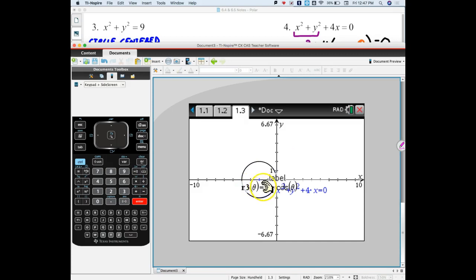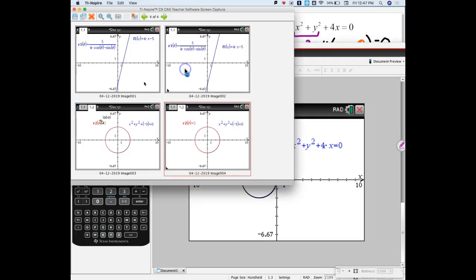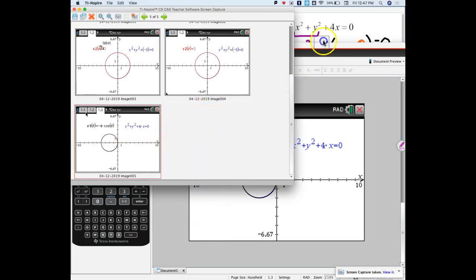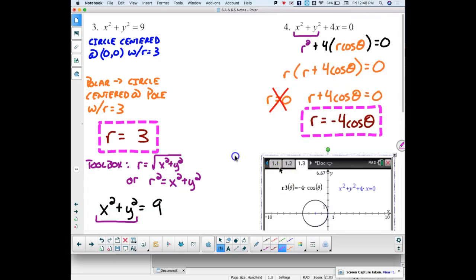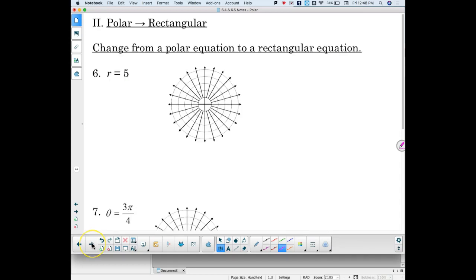And it goes right over the top. Okay. So those are the same, one and the same. Okay. So now that we've gone from rectangular into polar, let's go from polar into rectangular. Okay? So, what can you tell me about the polar graph of r equals 5?